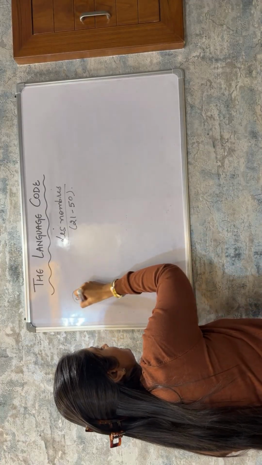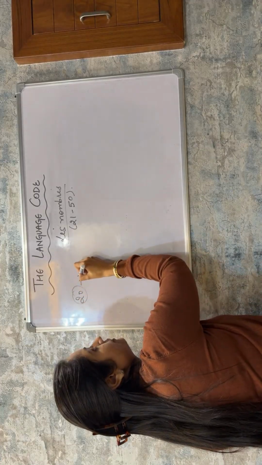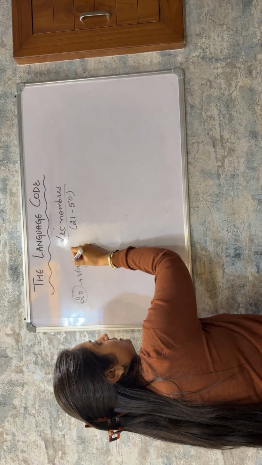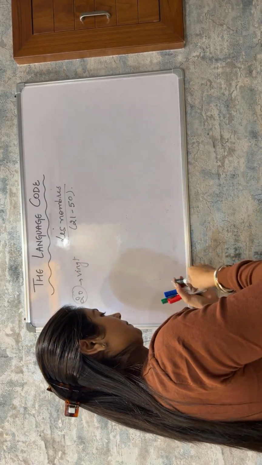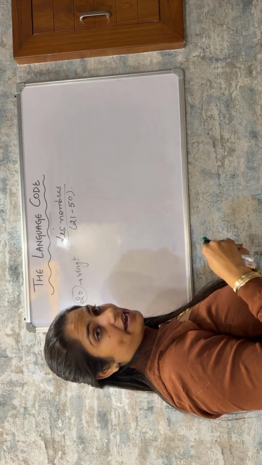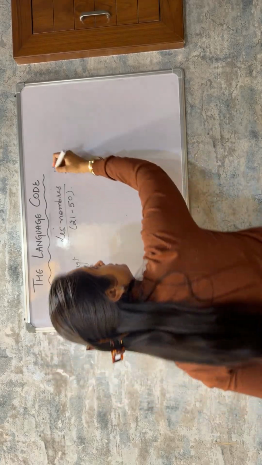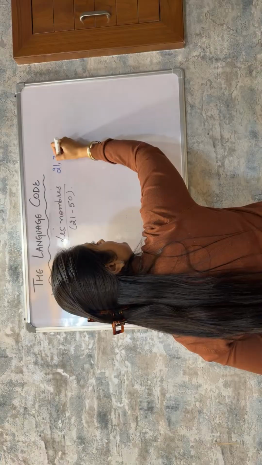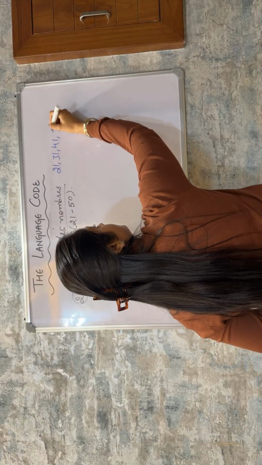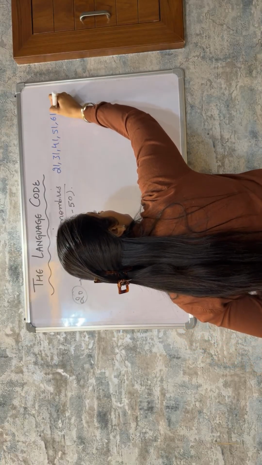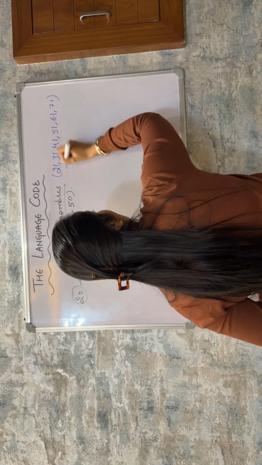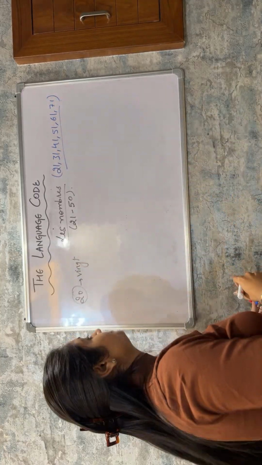Let's just recapitulate. 20 was called vingt en français. Keep one thing in mind: the numbers 21, 31, 41, 51, 61 and even 71 follow the same pattern.